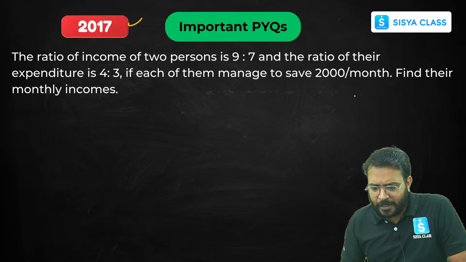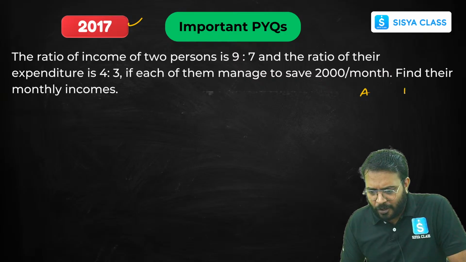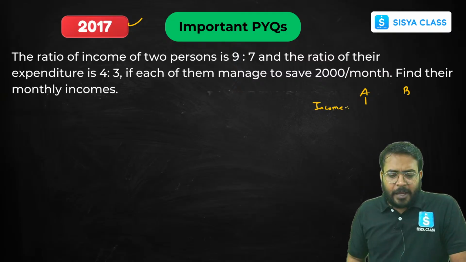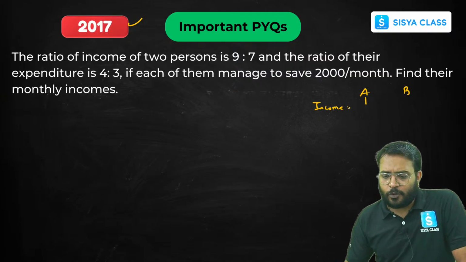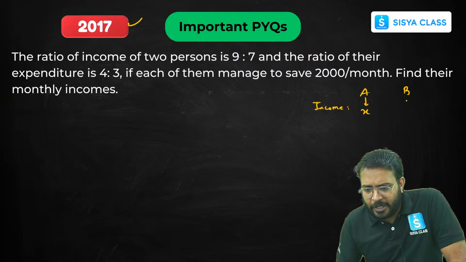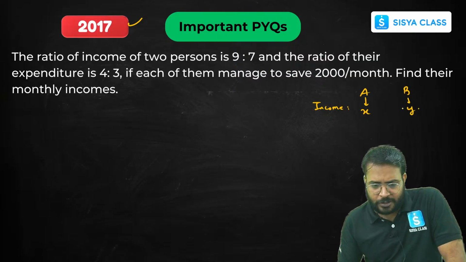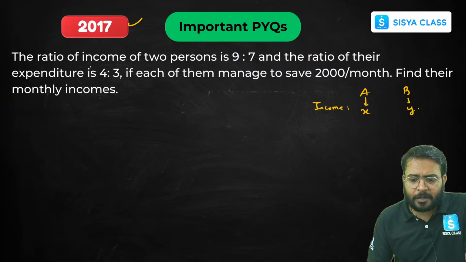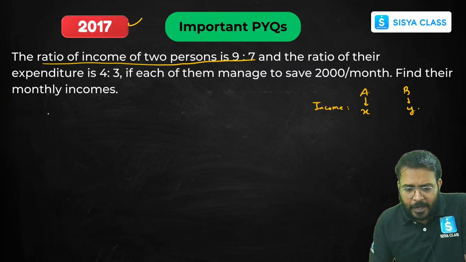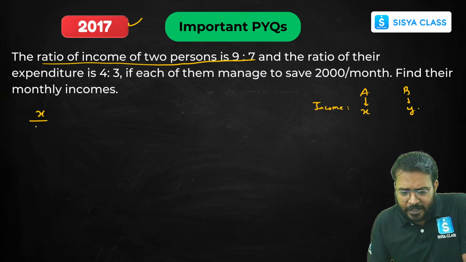Suppose two persons are there, A and B. I don't know what the income of A is. Suppose A's income is X and B's income is Y. What they are saying is the ratio of the incomes is 9/7. That means income of the first person is X, income of the second person is Y, so X by Y is 9/7.